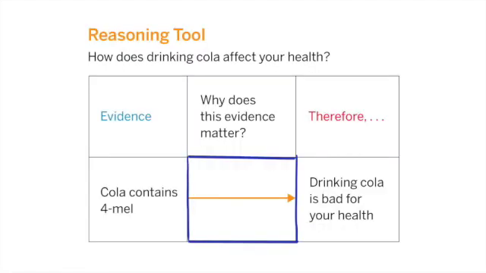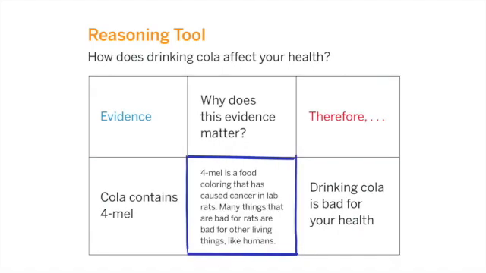So let's look at it on the chart. Evidence: contains 4-MEL, and then there's a blank spot where we didn't really explain ourselves. Therefore, drinking cola is bad for your health. Now let me add that section. 4-MEL is a food coloring that causes cancer in lab rats. Many things that are bad for rats are bad for other living things like humans.